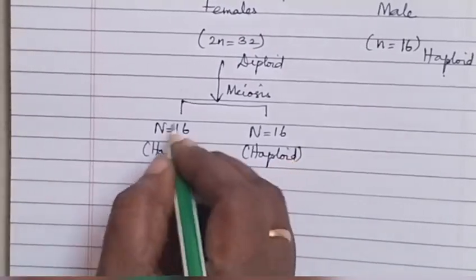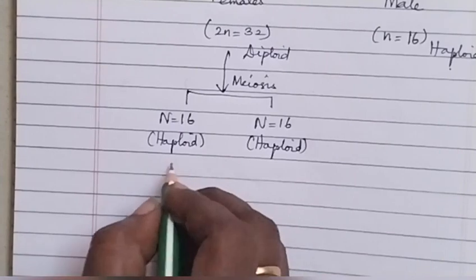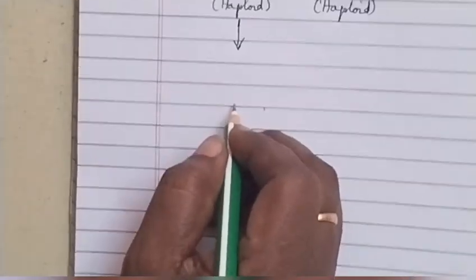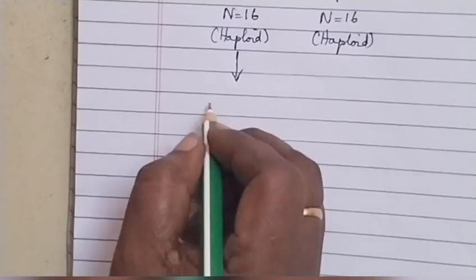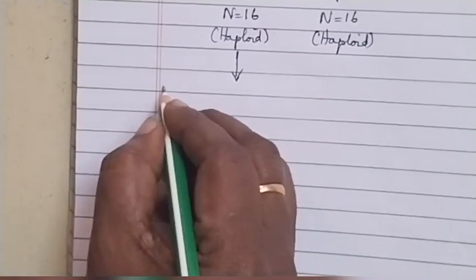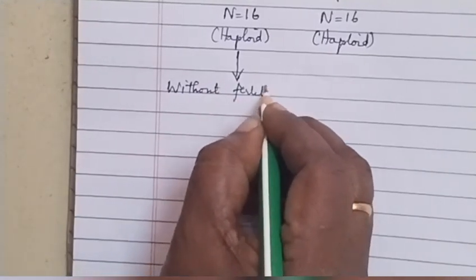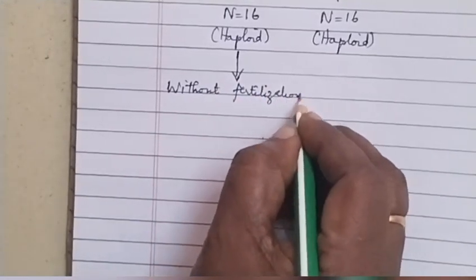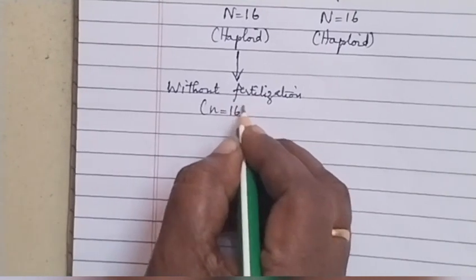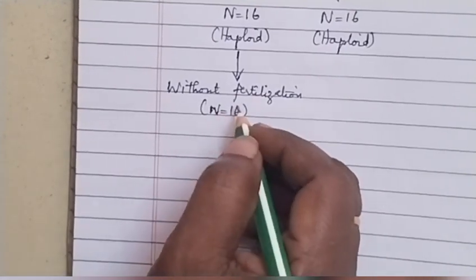So when the egg develops without fertilization, what happens? See here. Without fertilization, it will develop into a young one. Again here it will be 16. n is equal to what? 16.